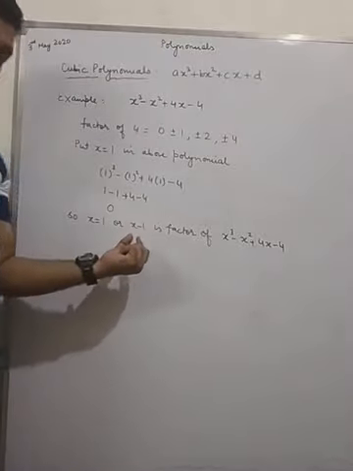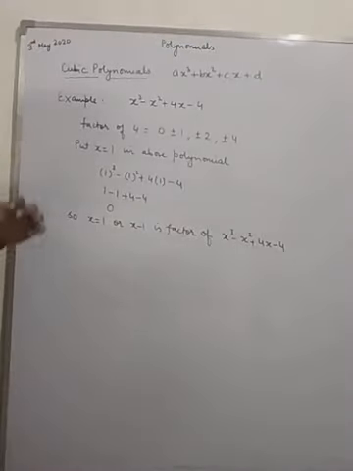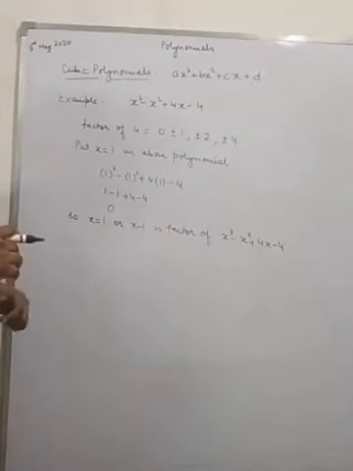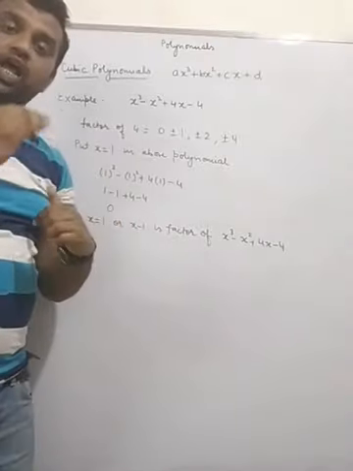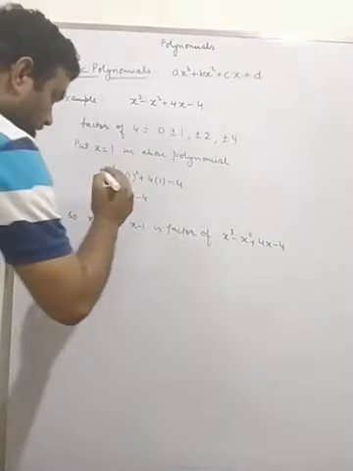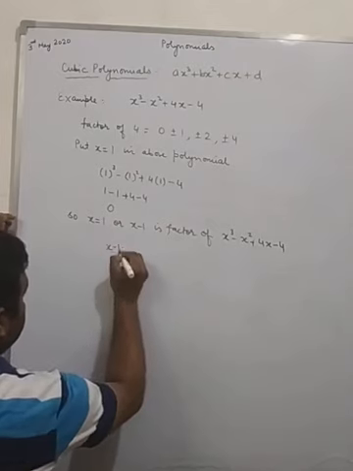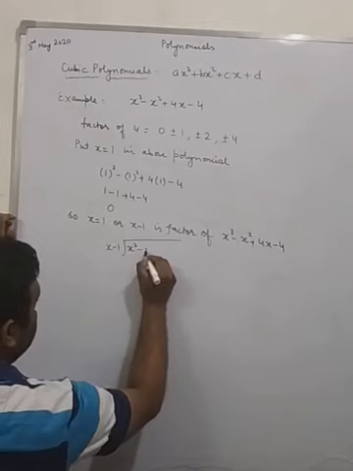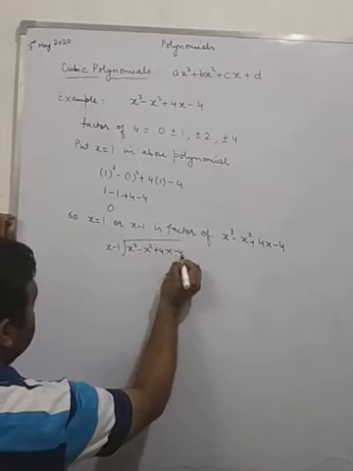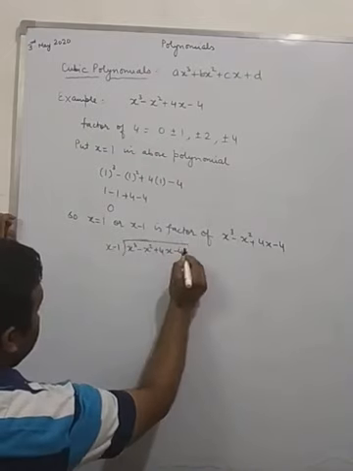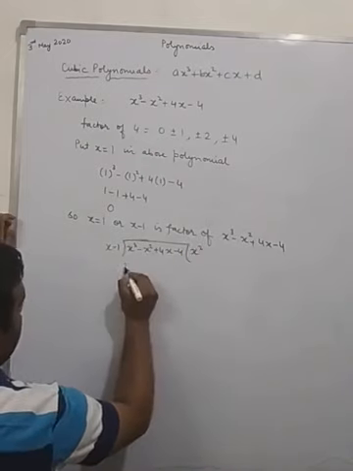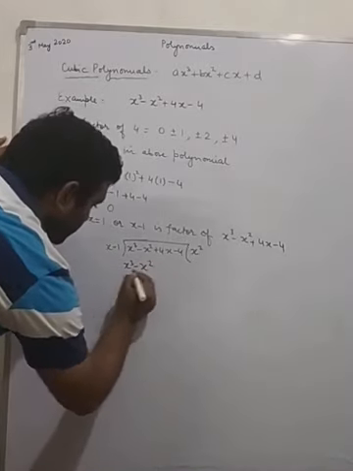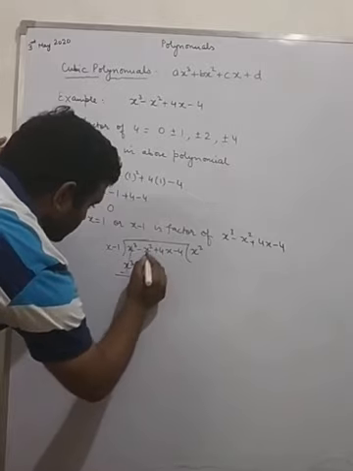After finding one factor of this cubic polynomial, we will simply divide the cubic polynomial by this factor, and we will get a quadratic term as the quotient. Let's see. So we divide x cube minus x square plus 4x minus 4 by x minus 1. Put x square, so x cube minus x square cancel.